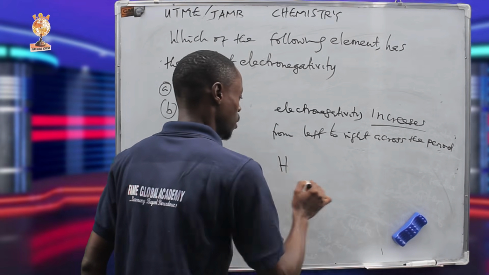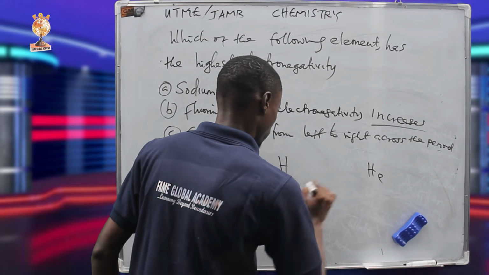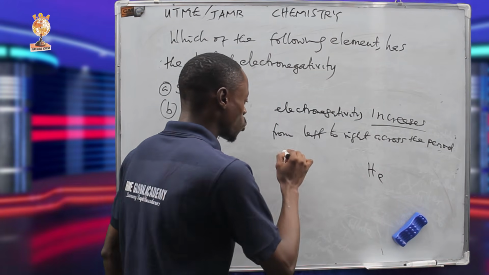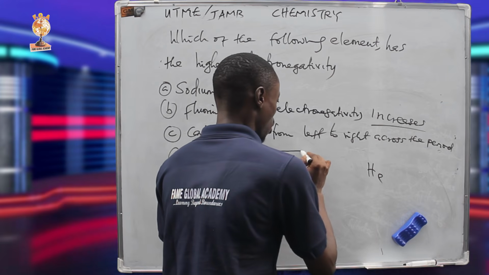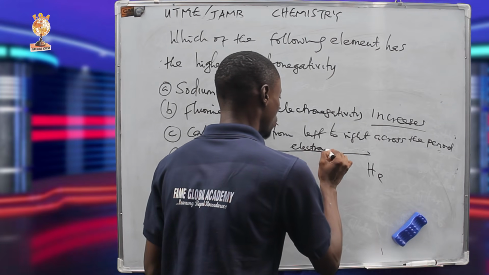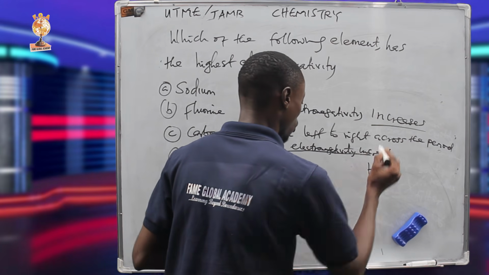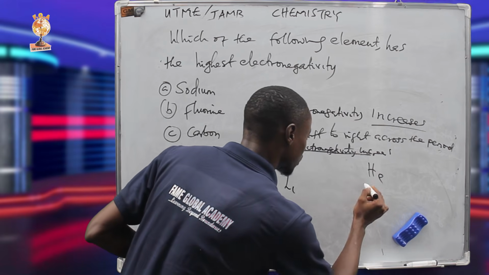Let's assume that this is a sketch of the periodic table. It simply means as we are moving from left to right, electronegativity will be increasing.